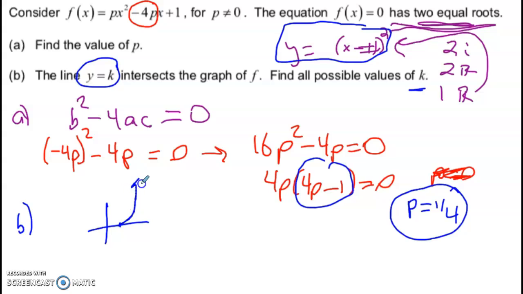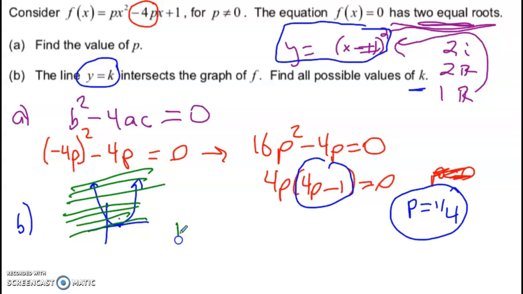I don't know exactly where it's located, and I'm not going to mess around with that. All I know is it's a parabola that opens up, and the vertex has to be on the x-axis, which means horizontal lines could cross it. Every single positive value of y will cross it, and a y equals 0 value would also intersect the parabola.